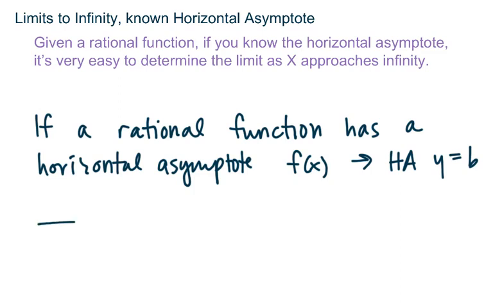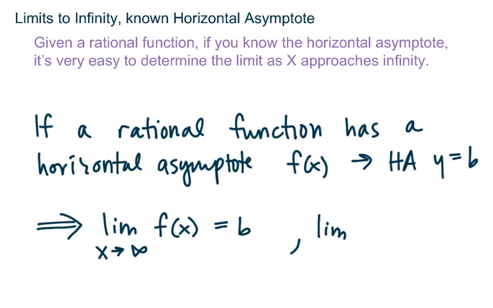All right? Then the limit as x approaches positive infinity for that function would equal b, and then the same, the limit as x approaches negative infinity for that function would equal b.